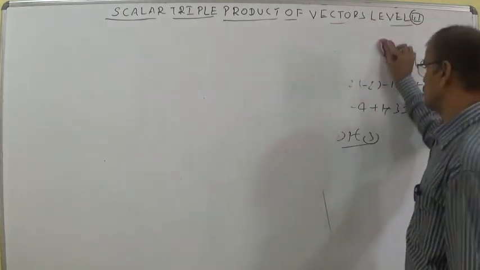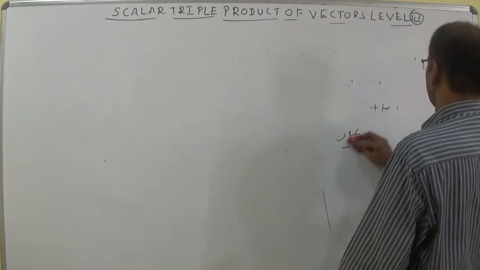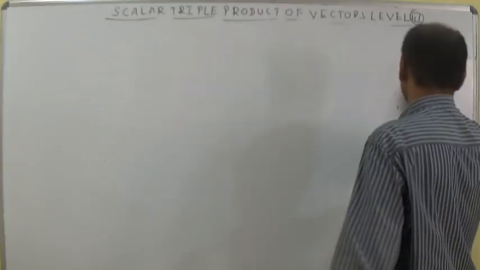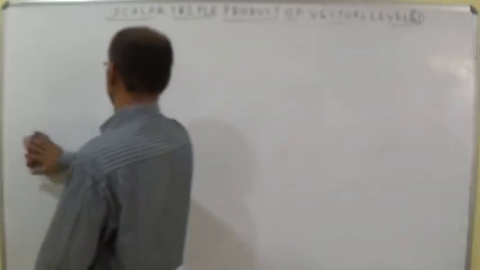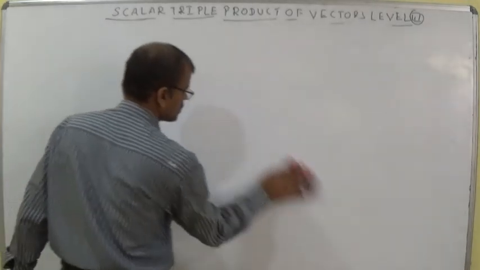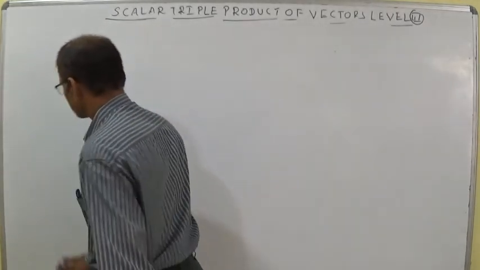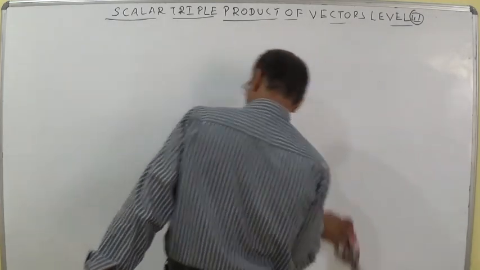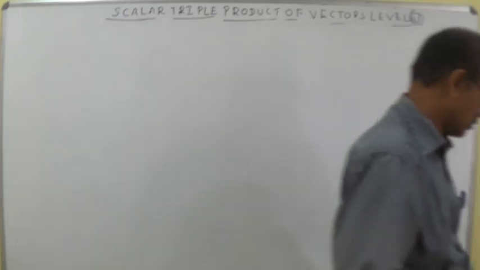By solving you get D1, D2, D3, only two values. That is why you get option 3 by solving the problem also. But verification is somewhat easier.